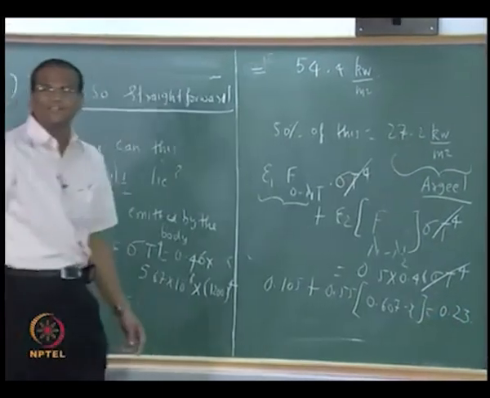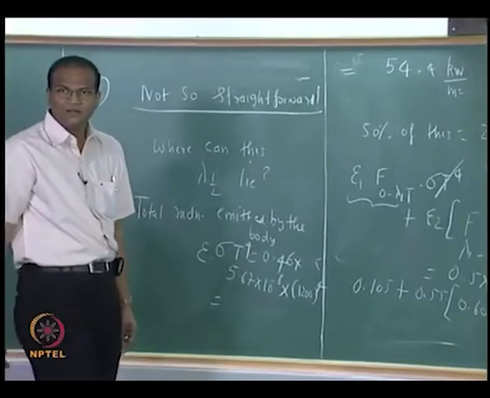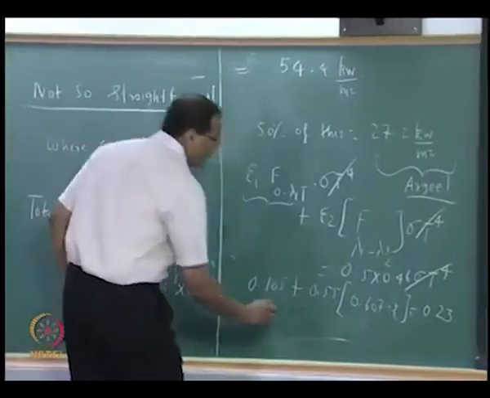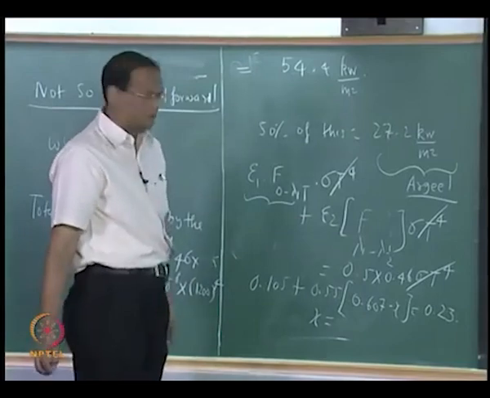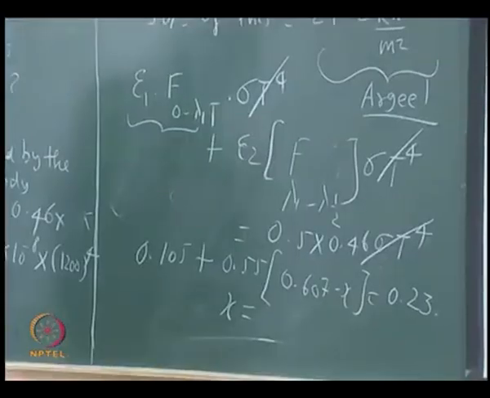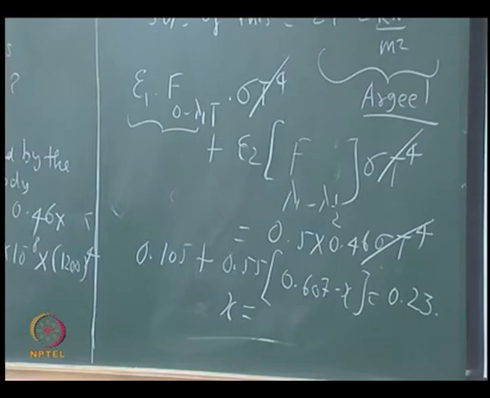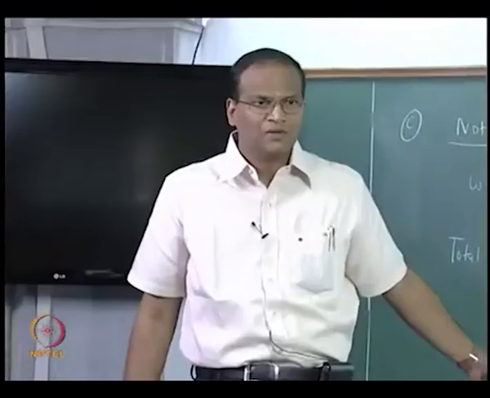I can solve for x. So x turns out to be 0.607 minus x, it is correct. It is okay, right? Correct. So x is how much?